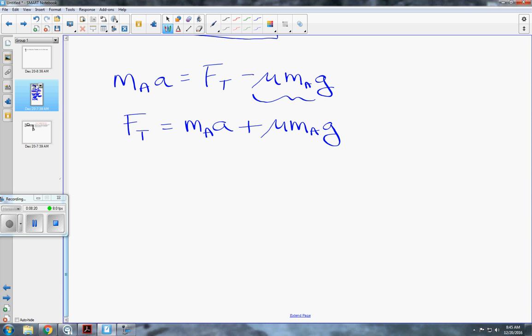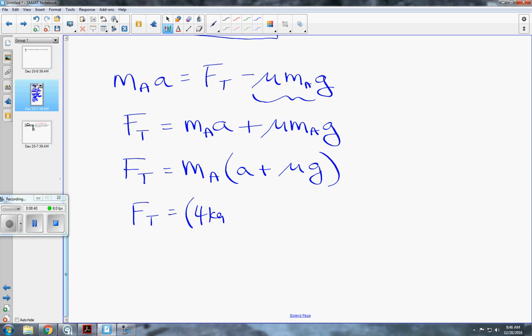And then I just plug in numbers. So mass A is, actually we could simplify this a little bit more. You don't have to do this, you can plug in numbers if you want. But, okay, so then mass A is 4 kilograms, and then we plug in our acceleration we solved for, which is 1.96 meters per second squared, and then we add our coefficient of friction, which is 0.2, times our gravitational field strength, which is 9.8 newtons per kilogram.